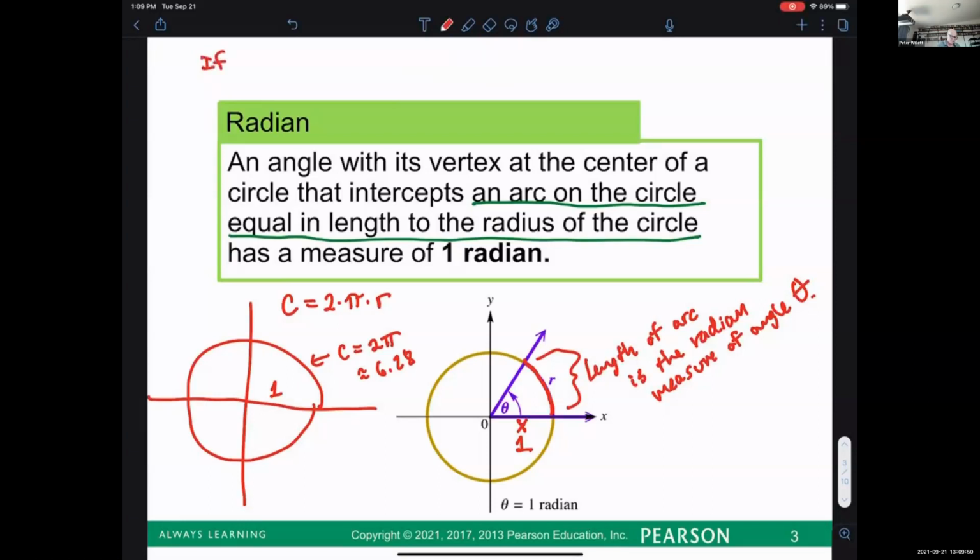If I have a theta angle and in degrees it was 180 degrees, that's halfway around the circle.